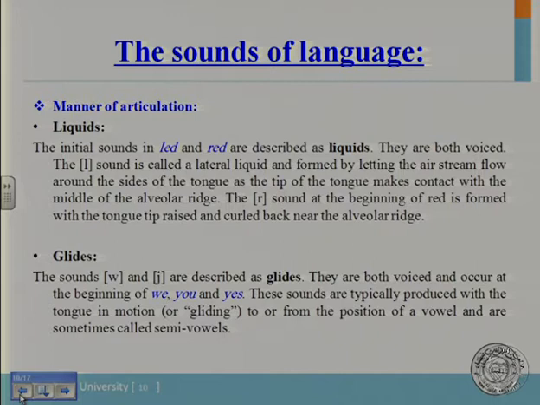The last group here is called glides. In the glides we have two sounds. The first one is w, and we have y. These sounds are described as glides. Both of these sounds are voiced, and they occur at the beginning of words, for example w as in we, and y as in you, yes, or yet.